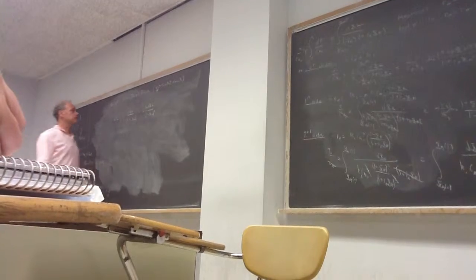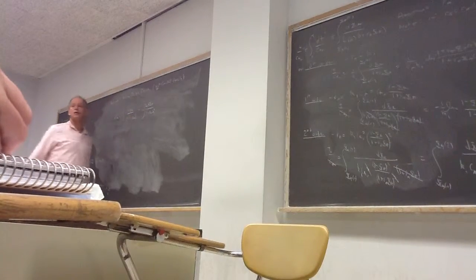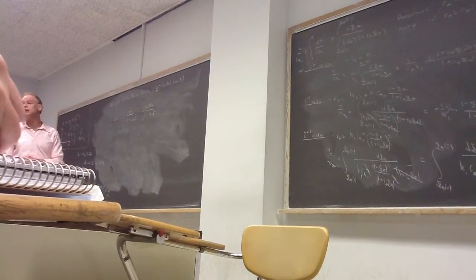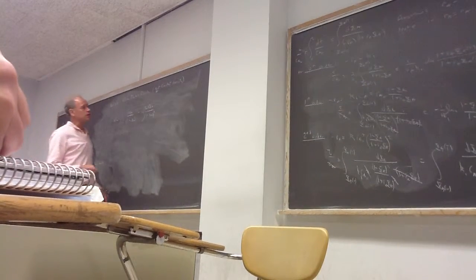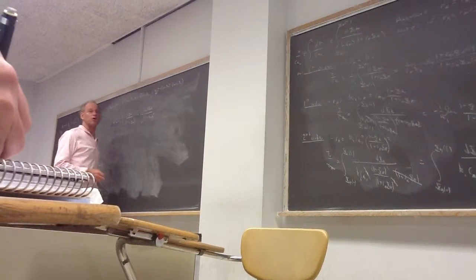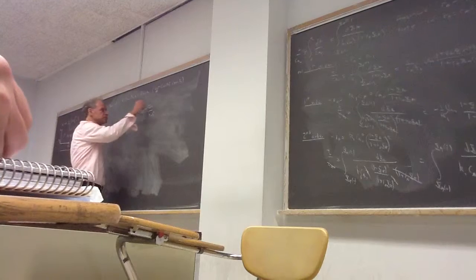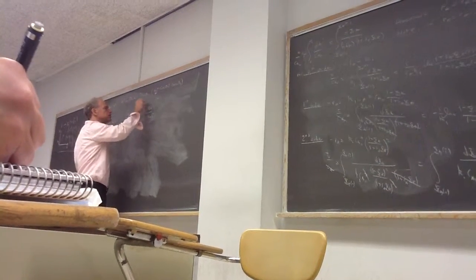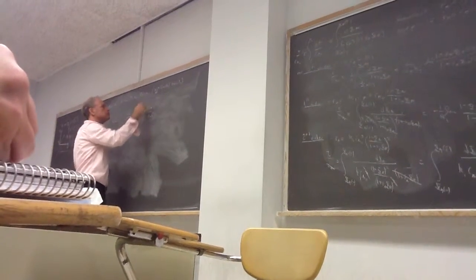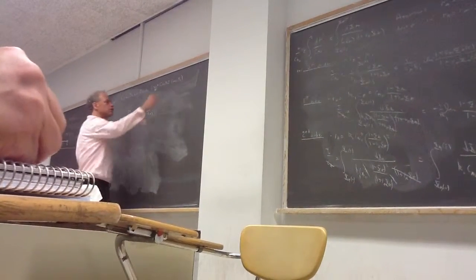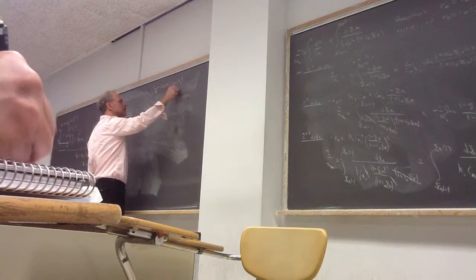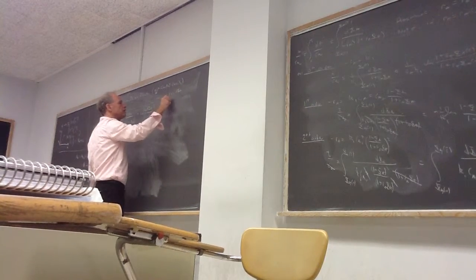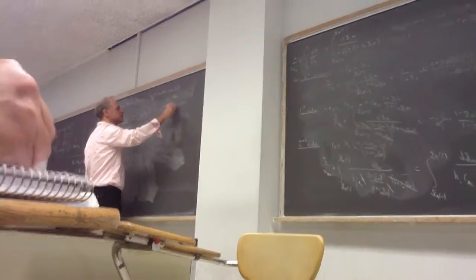And first I want to integrate this, the second one. The first one's easy. So the second one I'm going to do by parts, integrate by parts. So I'm going to let this be dv and this be u. So du is dxa, and v is 1 over 1 minus xa.